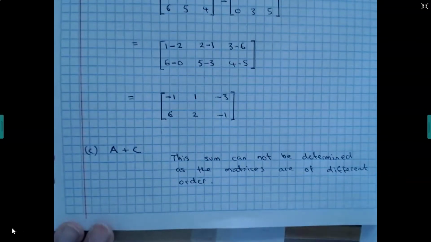You might want to say that A is in order 2 times 3 and C is in order 2 by 2, but you don't have to. That would be enough in a test just to say that you can't do that addition because the matrices are of different order.